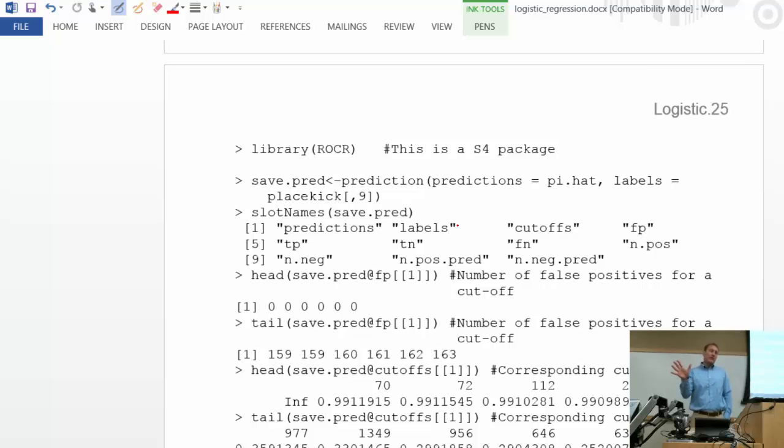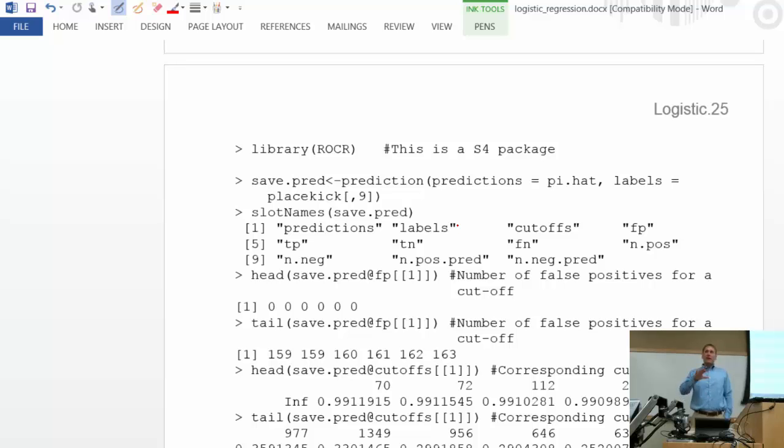Most of the stuff that is in R right now is written in what's called S version 3. People often just simply abbreviate that as S3. There are some things in R, though, that are written in S version 4. And again, people refer to this as S4. This particular package is written in S4.